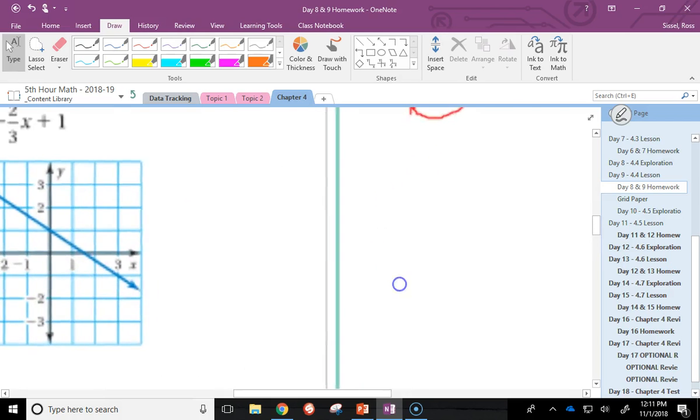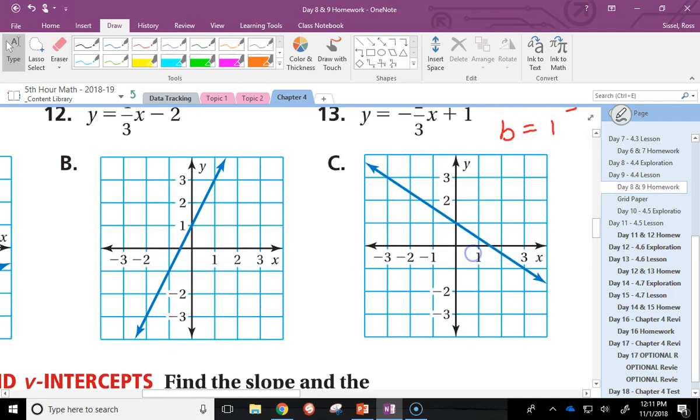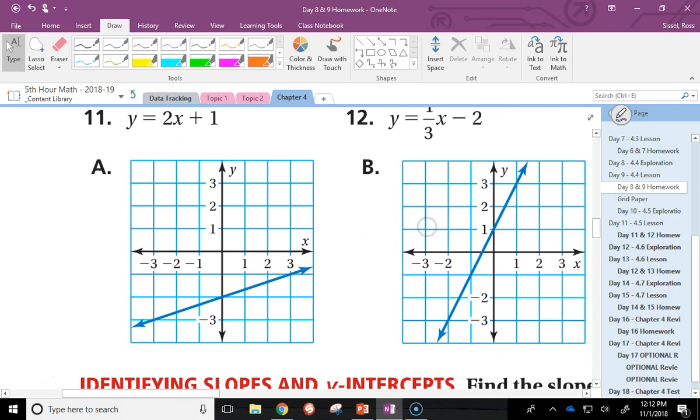So like on 13, I'm going to give you a hint already. I'm going to look for the line that has the slope of negative 2/3 and the y-intercept of 1. So could A be number 13? No, because if the y-intercept was 1, that's here. That line's not crossing at 1, so I know A does not go to 13.